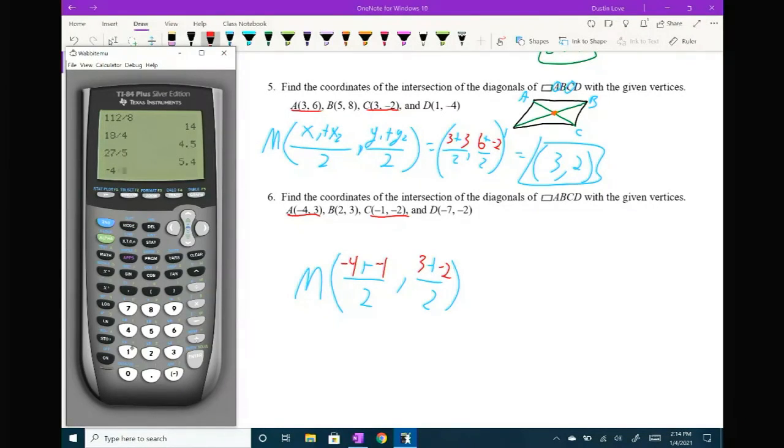Negative 4 plus negative 1 is negative 5. Negative 5 divided by 2 is negative 2.5. Now, 3 plus negative 2 is 1. 1 divided by 2 is 0.5. So the coordinates are negative 2.5, 0.5.